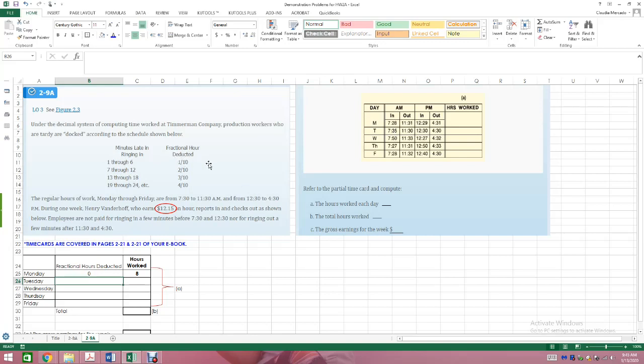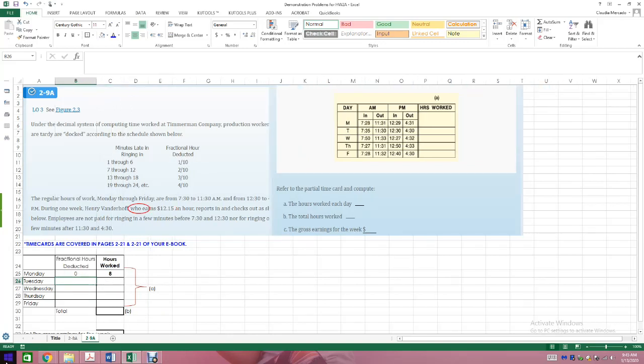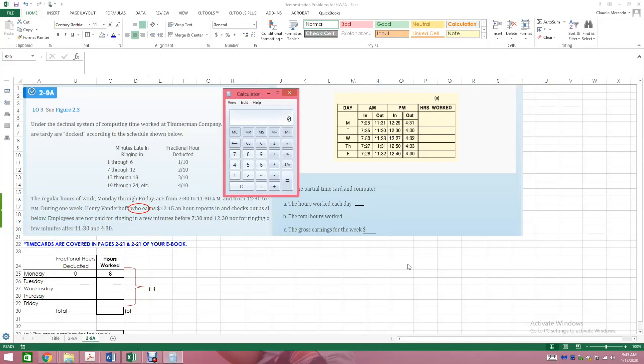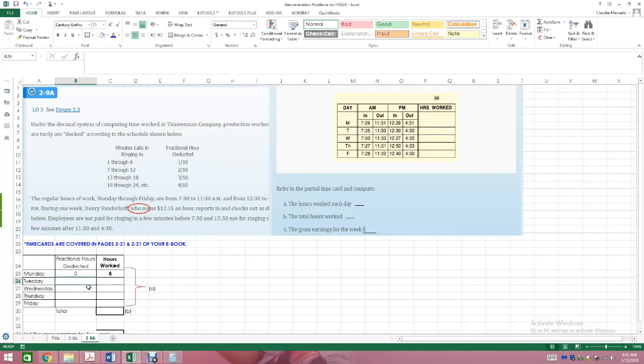How are we going to figure that out? We're going to get our calculator, and we're going to do 1 divided by 10. So this employee is going to get docked 0.10. This is the amount that this employee is going to get docked for being late on Tuesday.